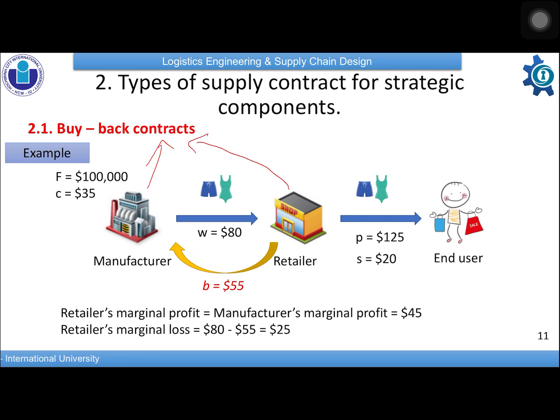They sign the buyback contract that the manufacturer will buy all the unsold products at the price of $55.